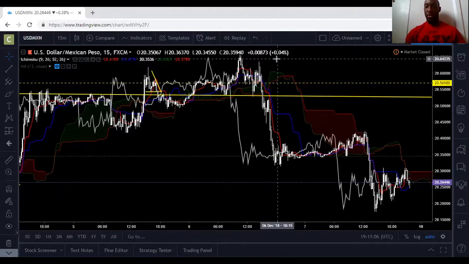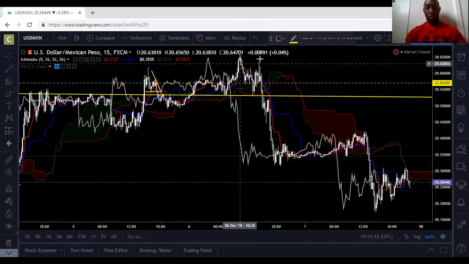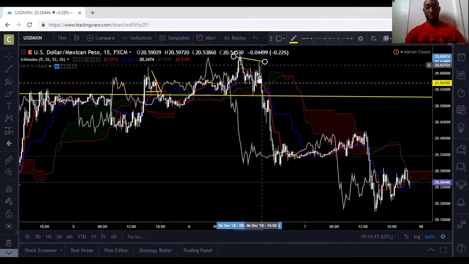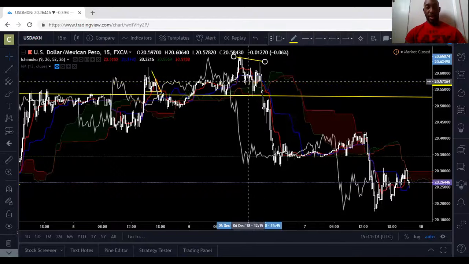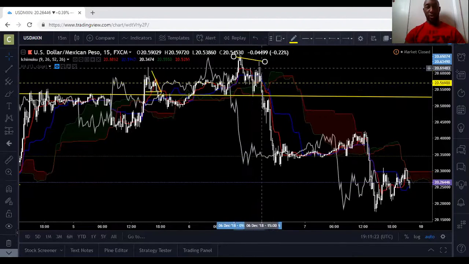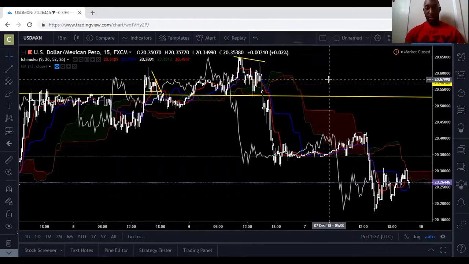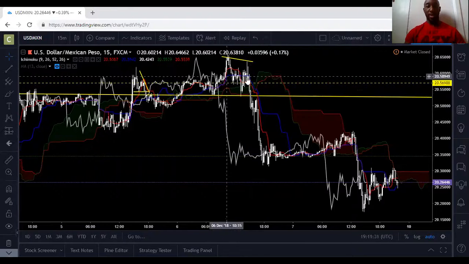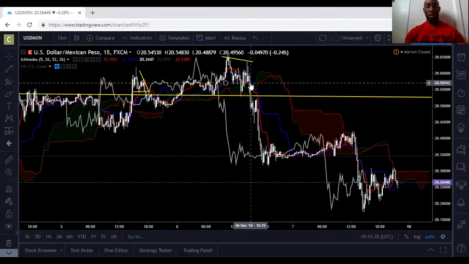So how I would have traded this, you guys, here you could argue that it made a double top, and how I would have traded that, I would have waited for it to test this area again. And since I'm an Ichimoku trader, I would have waited for one of these candles to have a strong break.